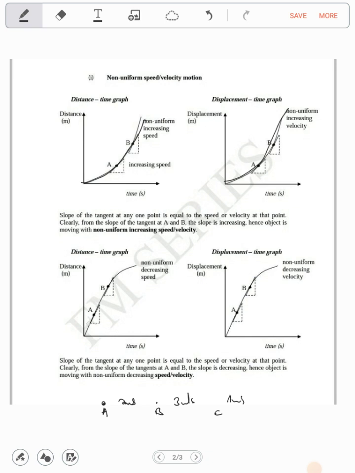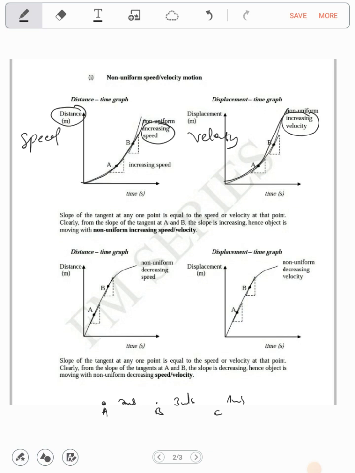It can also be drawn like this, so this is when speed is increasing, when velocity is increasing. Remember, when we talk of distance, you should always talk of speed. When you talk of displacement, you should always talk of velocity. Okay, so here speed is increasing, while here velocity is increasing. What of when speed is decreasing?